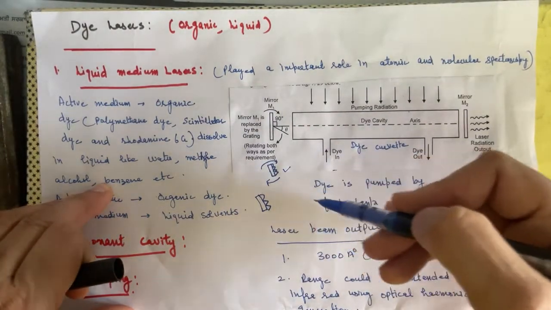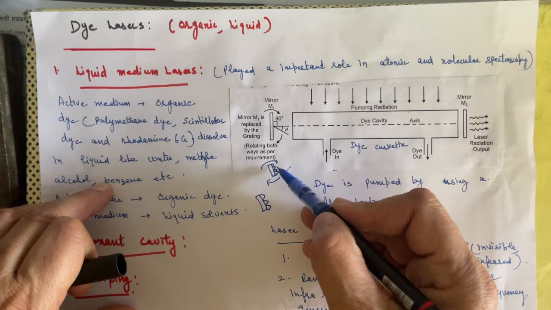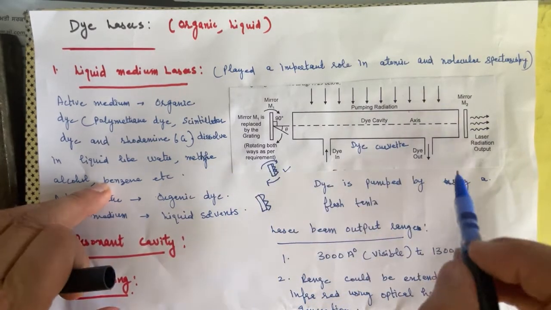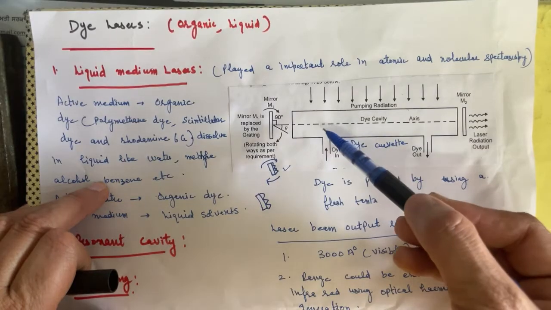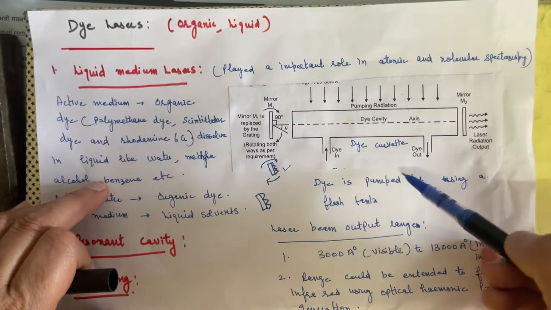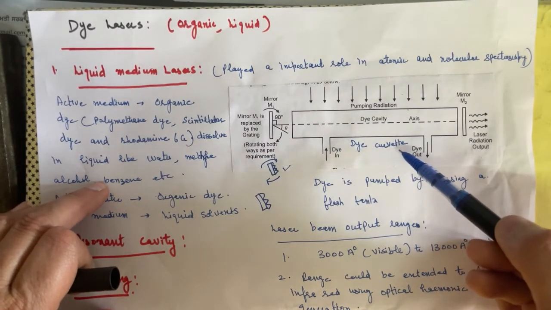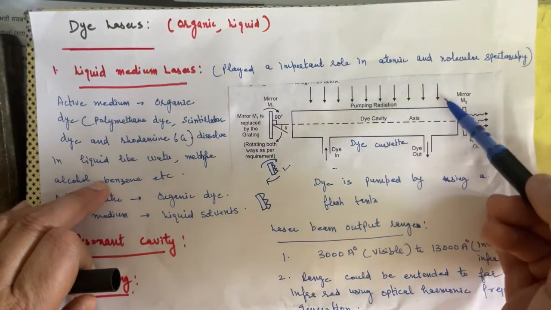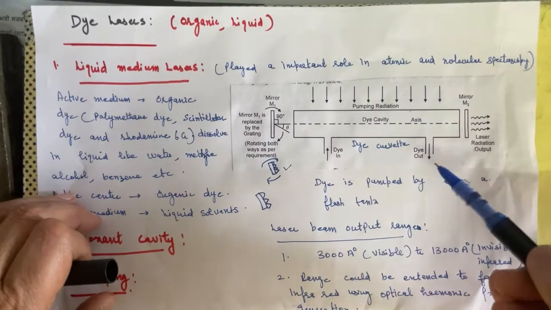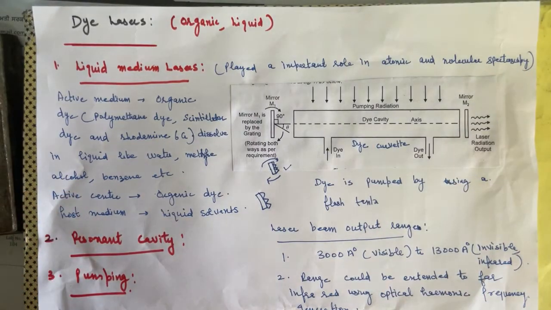M1 is replaced by a grating, so we can rotate the grating in this way, in this way. Clear? And the dye goes in from this side and dye out from this side. This is called the dye cuvette. Okay? And the laser output is obtained at this end. From here there is the pumping radiation. So this is the very simple diagram.